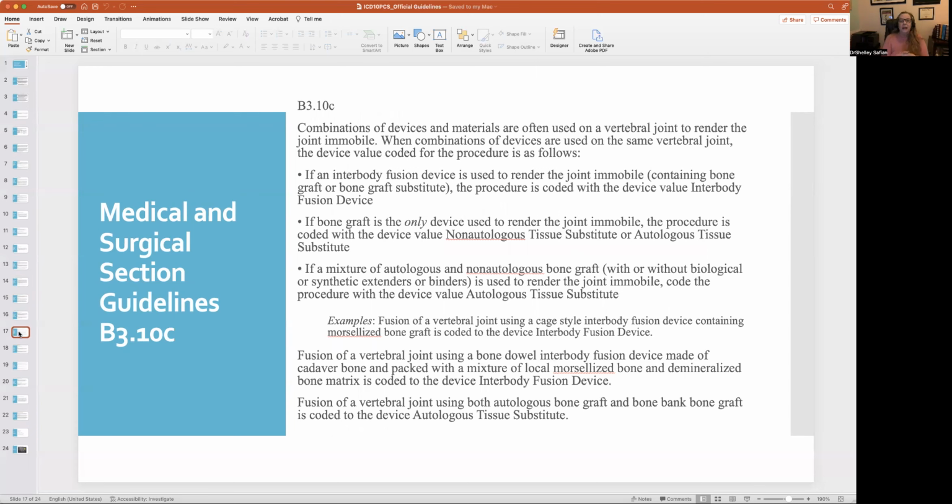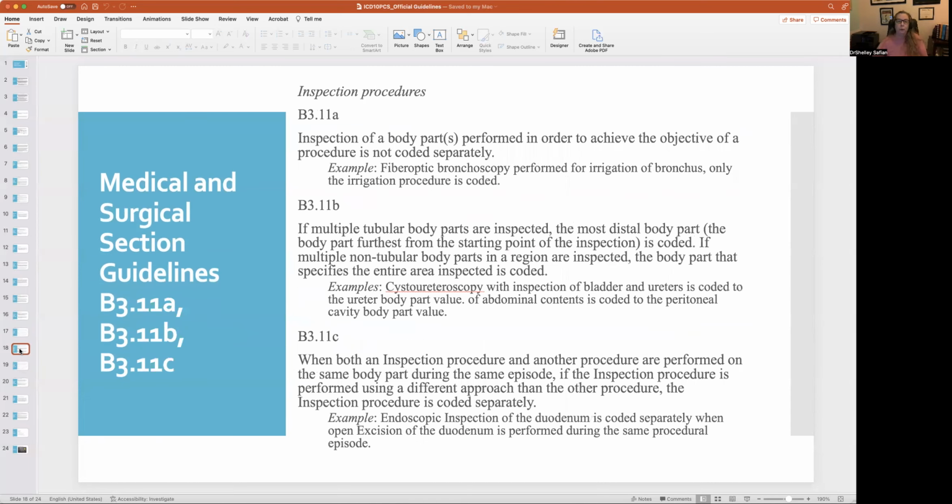And here we have B3.10c, combinations of devices and materials used. This is something you're going to refer to if you are working for an orthopedist, but it might be something that comes up in an exam. I don't know. But you don't have to worry about it because the guidelines are right here in the front of your book.